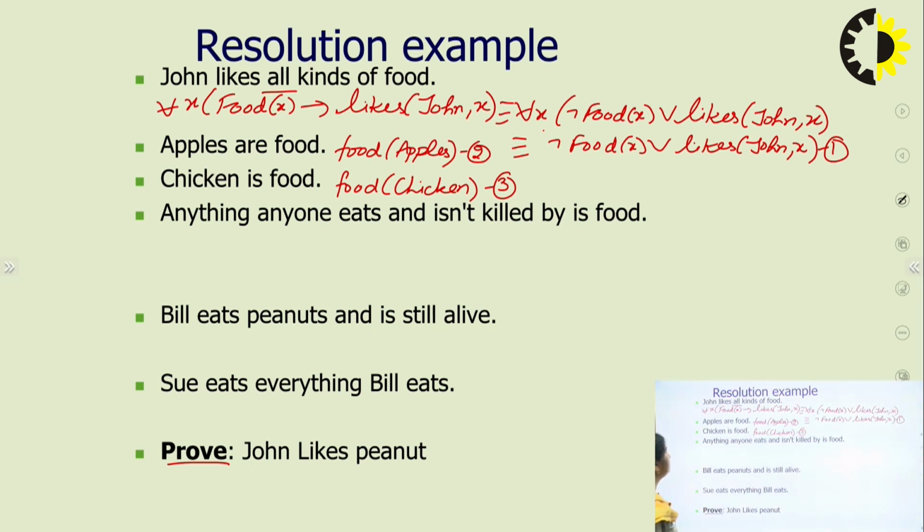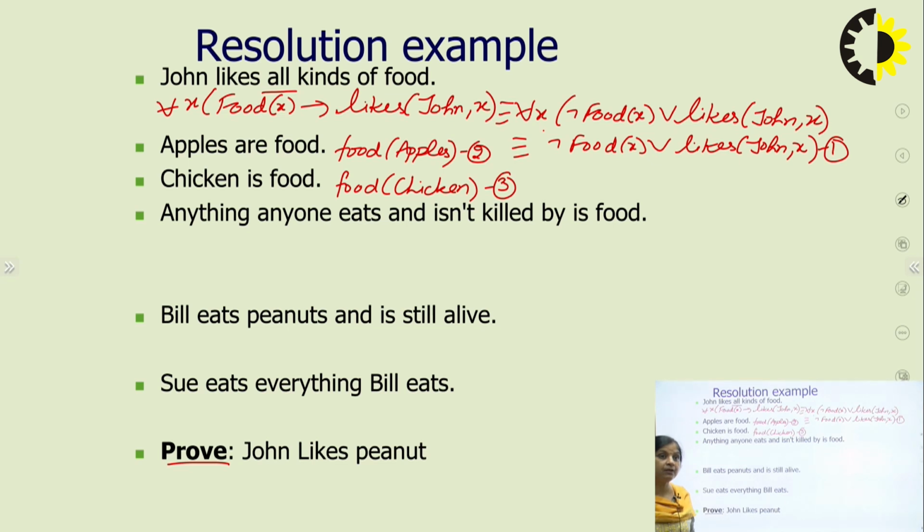Okay, now third one. What is the third statement? Third statement says that anything anyone eats and is not killed by is food. So what does it mean? It means we need quantifiers. Why? Because we are talking about anything, anyone. It means we can take any value of food and any person. So we will use here the universal quantifier because anything is allowed.